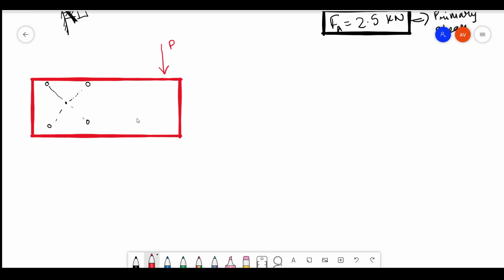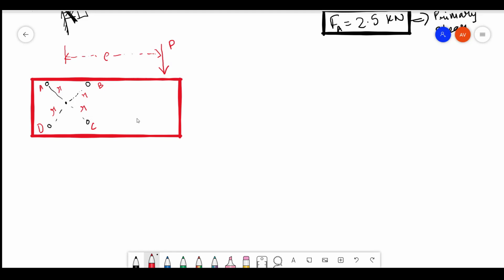Let me take it as P. Okay, and you have some eccentricity. Let's say this as R, because in this case everything is same, R1, R2, R3, R4, so I'm just taking it as R, A, B, C, D. So how will the forces behave?